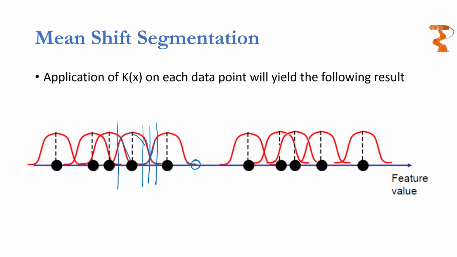So at the end, we are going to have something like this. And the same is going to happen over here. We are going to have something like this. So now this blue line is going to correspond to a continuous function which we desired.